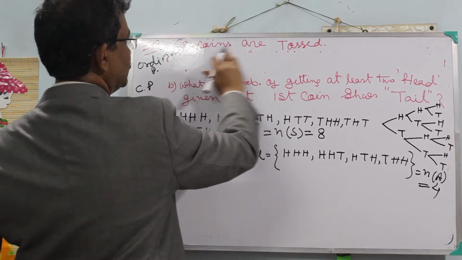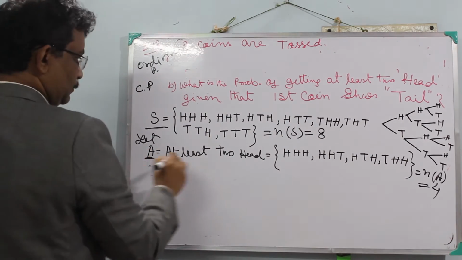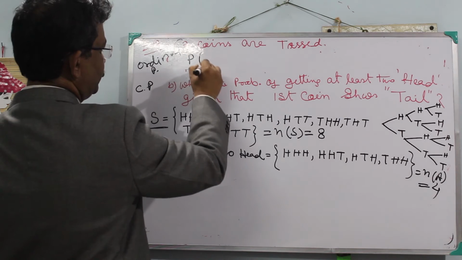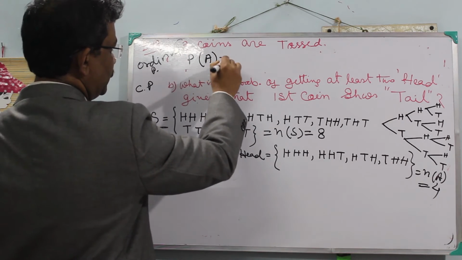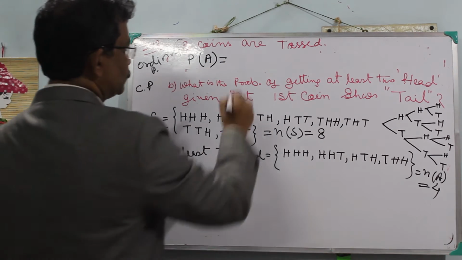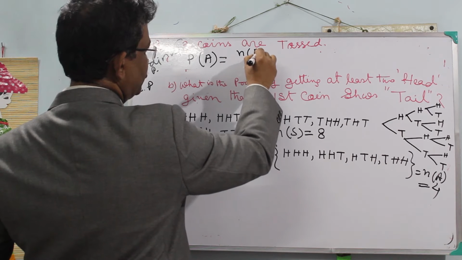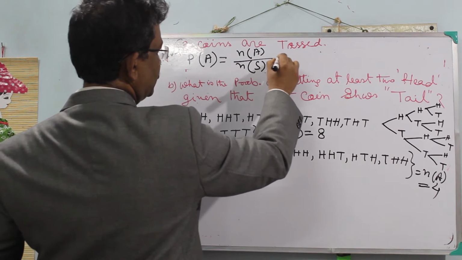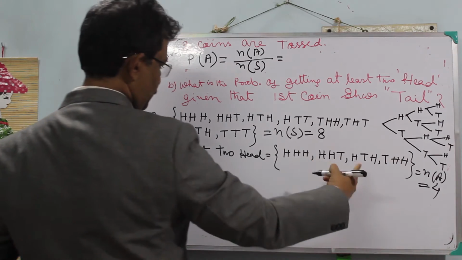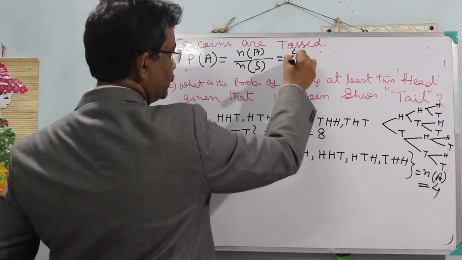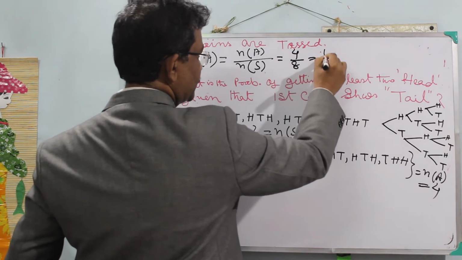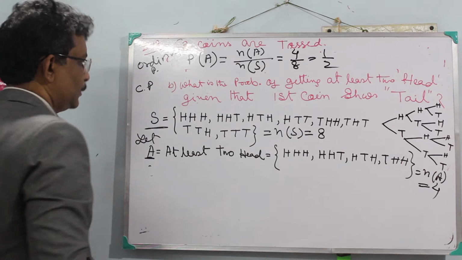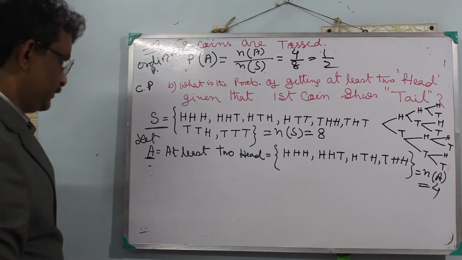Probability of A, ordinary case, equals total number of favorable cases N(A) over total number of cases N(S), equals total number of favorable at least 2 heads, 4, over total number of cases, 8. That is half, the probability of getting at least 2 heads.